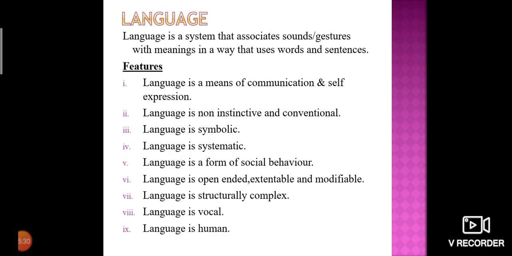Animals certainly also have their own language, but by comparing with us, that is not a much elaborated language, and it doesn't follow human language. So language is human. Basically these are the main features of language.